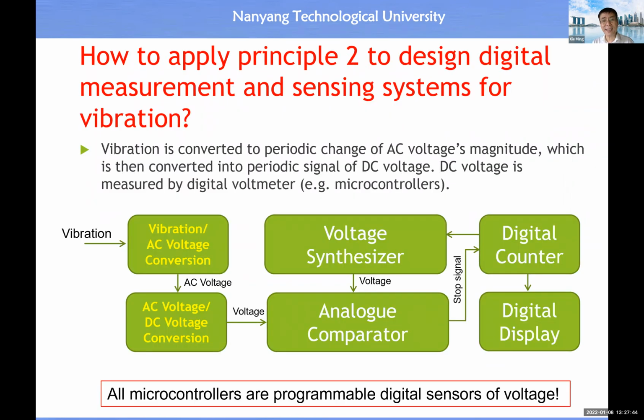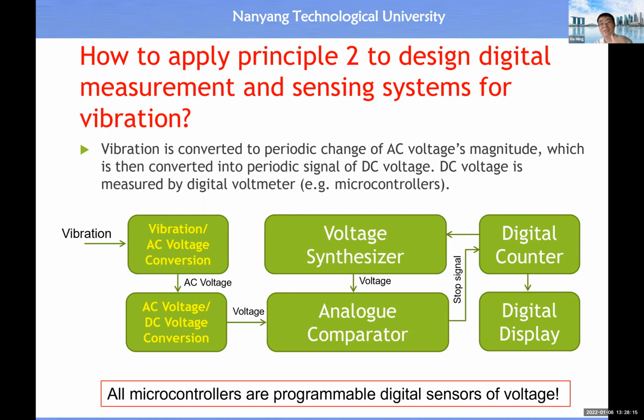Then how do we apply the second principle to guide the design of a measurement and sensing system for vibration? The second principle is to make use of the eddy current effect. In this case, we have a vibration source, and the vibration source will act on a conductive material or metallic body. When the metallic body vibrates, we have an eddy current effect sensor at the proximity of this vibrating body.